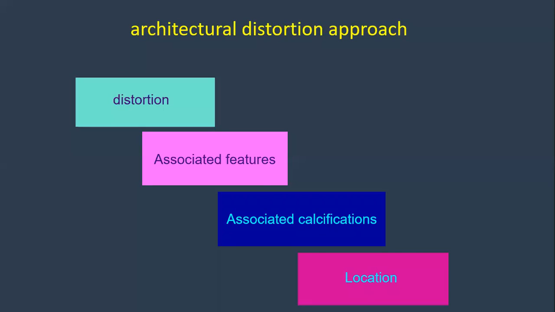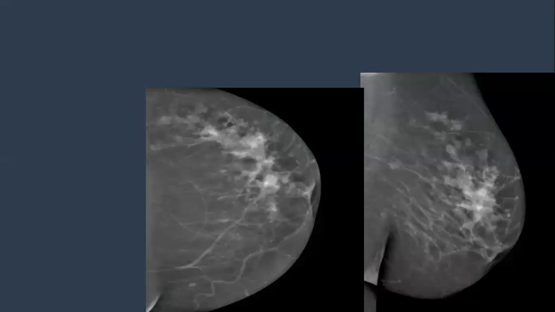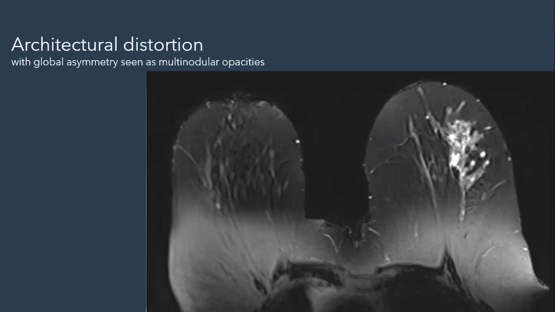But they had taken a biopsy under ultrasound guidance. Look at the MRI: the lesions are seen as segmental clumped enhancement following the area of multinodular asymmetries. Okay.